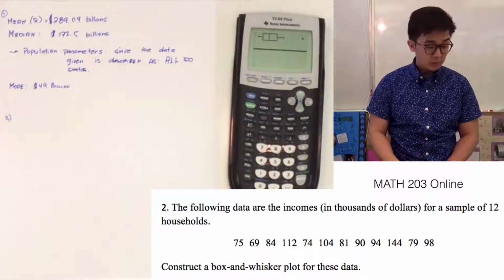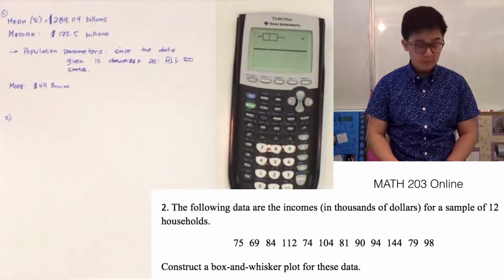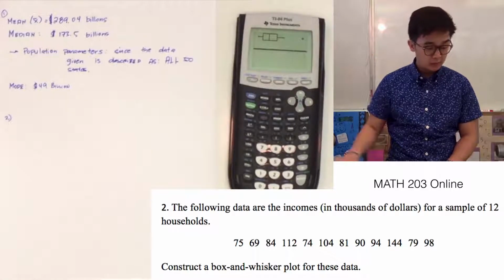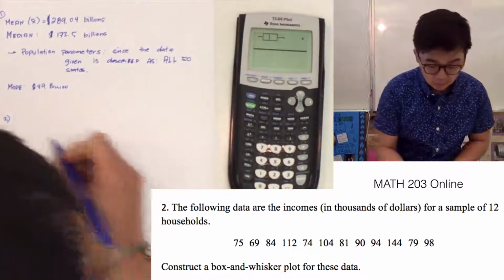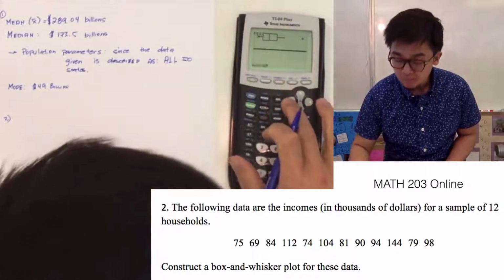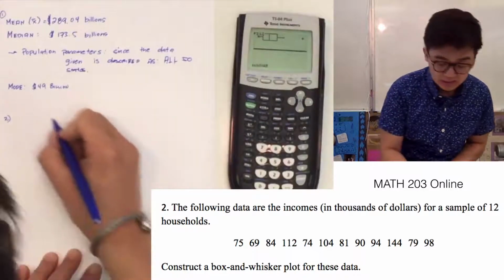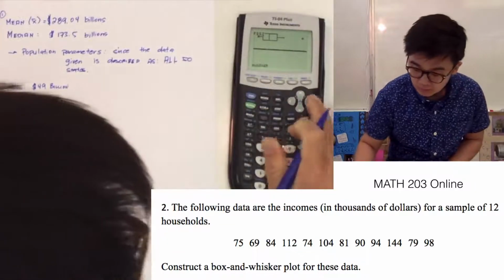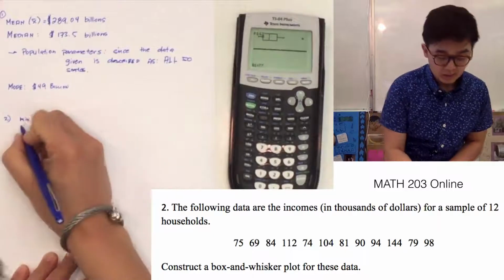So this will be your box and whisker plot for the data set that's given to us in problem number 2. And to construct it, what we can do is find the minimum value. So push trace, and the minimum value is 69. Our Q1 is 77.